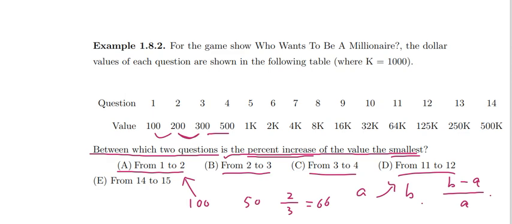Then 11 to 12, 125 minus 64, so almost 100%. Then 14 to 15. Okay, so we can say this.